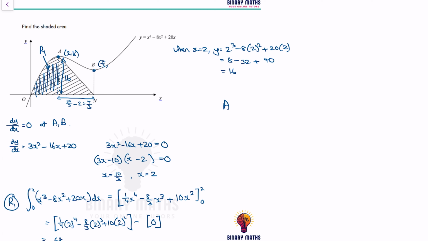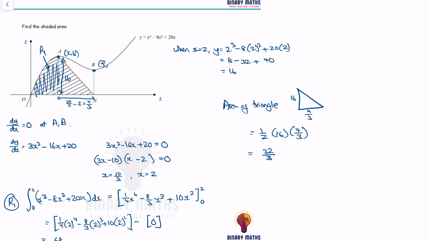So area of triangle, we've got this triangle, which is 16 this way and 4 over 3 this way, is equal to half times base times height. Half times 16 times 4 over 3, which is the same thing as 32 over 3.